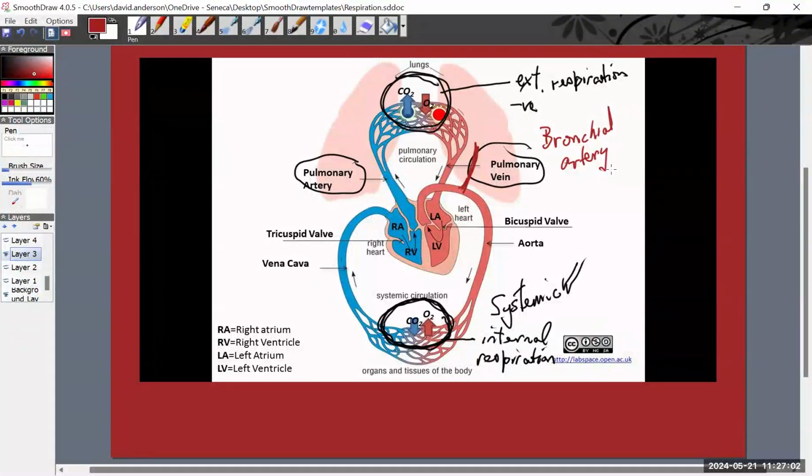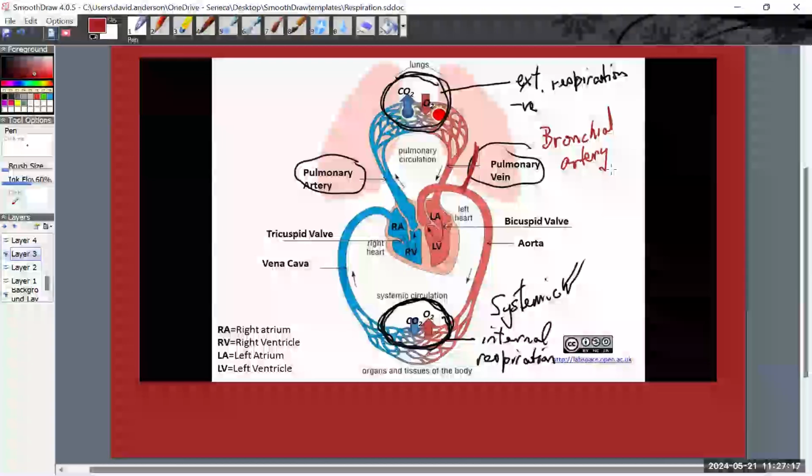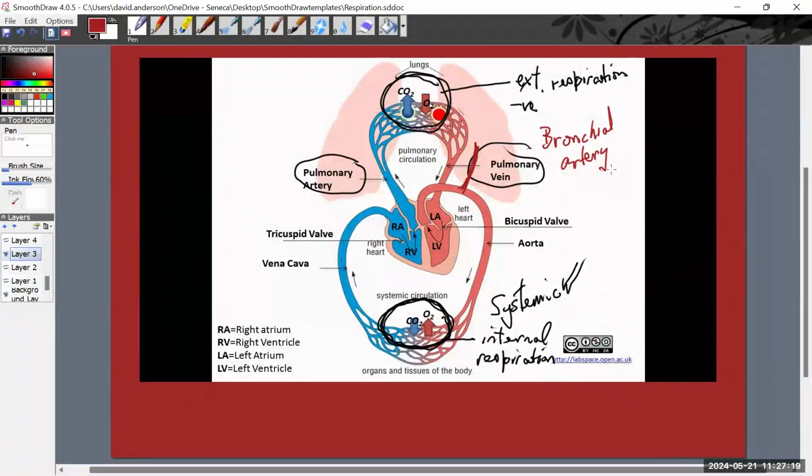So the pulmonary circulation doesn't deliver oxygen to the lungs. In fact, it's delivering deoxygenated blood to the lungs for a different purpose, oxygenation or external respiration. We okay with the difference between the two circulations?